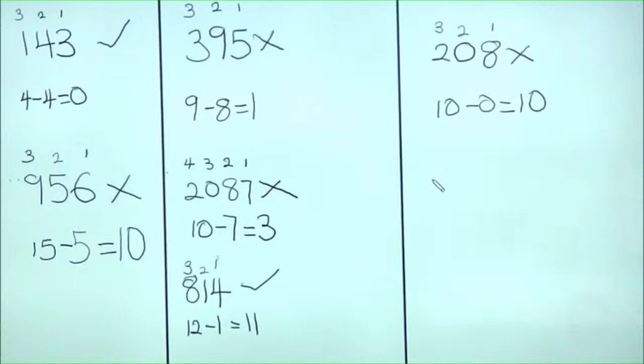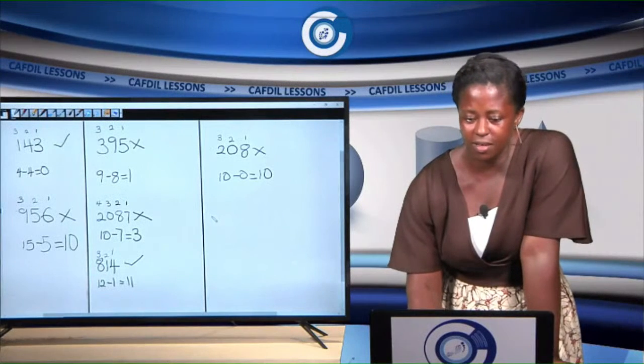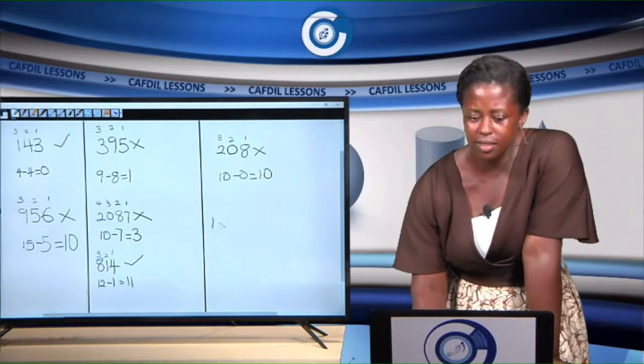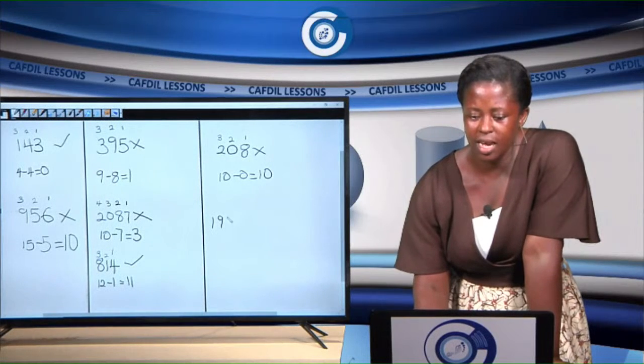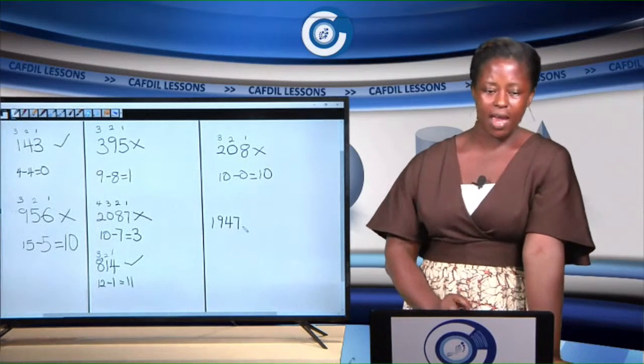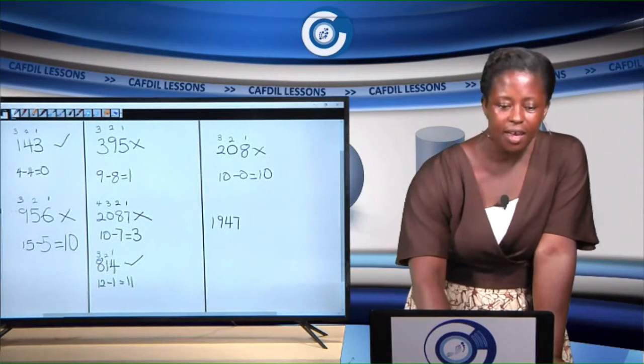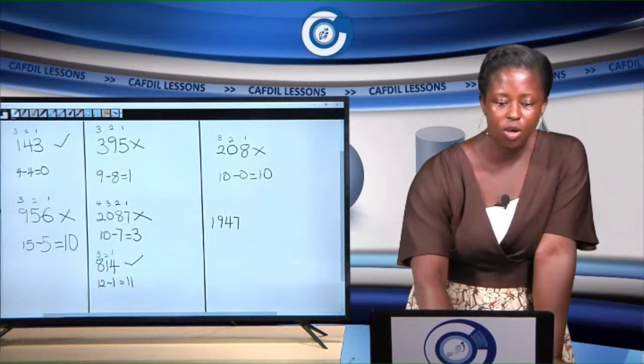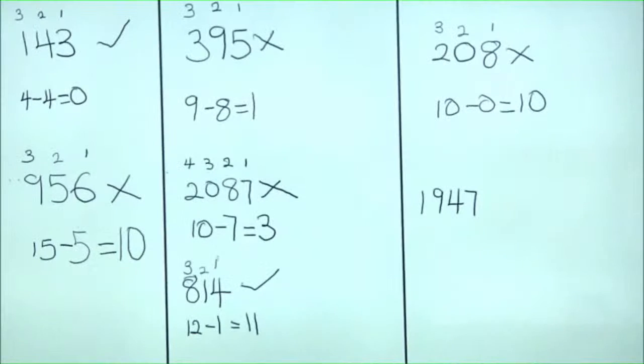We have 1947. We want to check if it is divisible by 11. Learners, let's order the digits and see. So here, this is first, this is second, this is third, and then we have fourth.